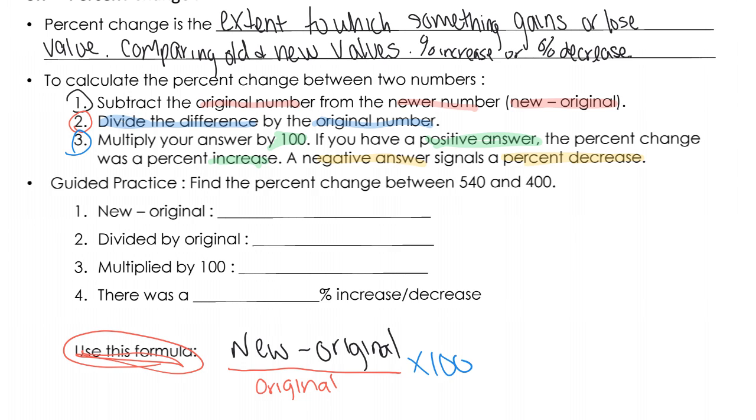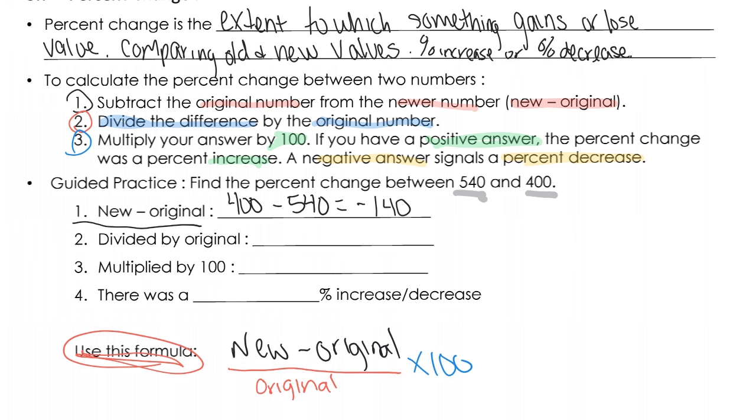Okay, so let's look at this first example. It says find the percent change between 540 and 400. So we do new minus old. Our new price is 400 because that's what came second, minus 540. Do that in your calculator. What's 400 minus 540? Hopefully you get negative 140.